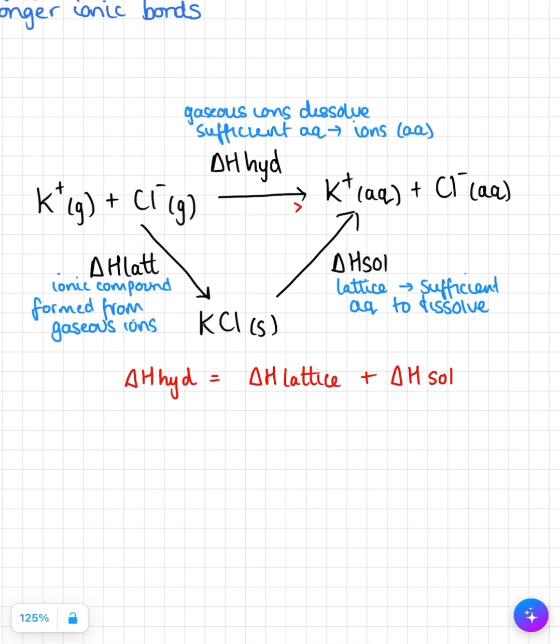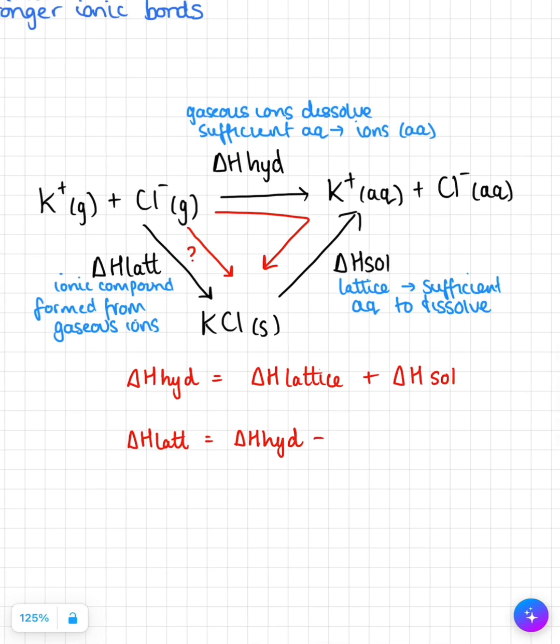Now let's imagine we wanted to find the lattice enthalpy, and we can't find it directly, so we go via an alternative route. So our lattice enthalpy: we are going in the same direction as the enthalpy of hydration, and then in the opposite direction of our solution, so minus enthalpy of solution.